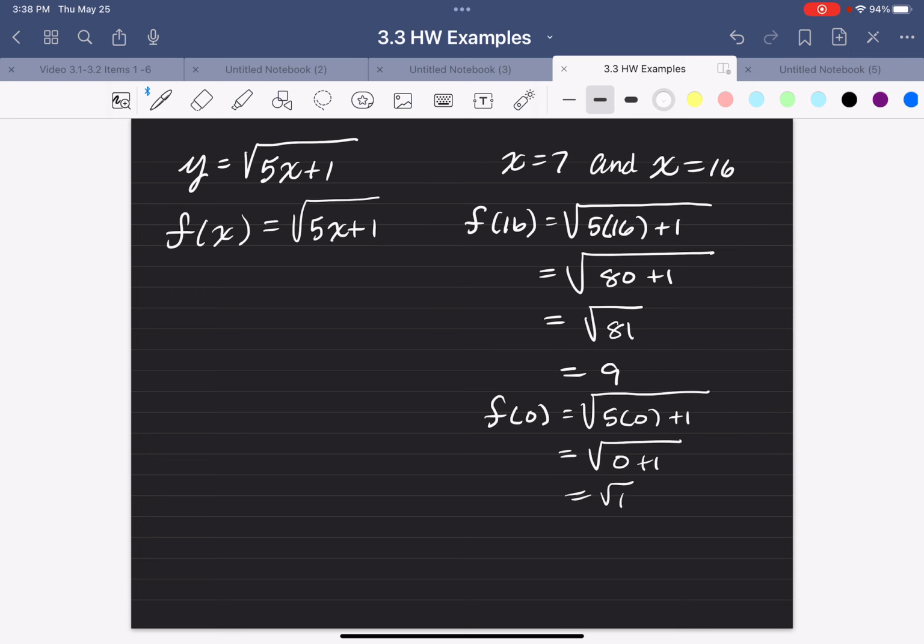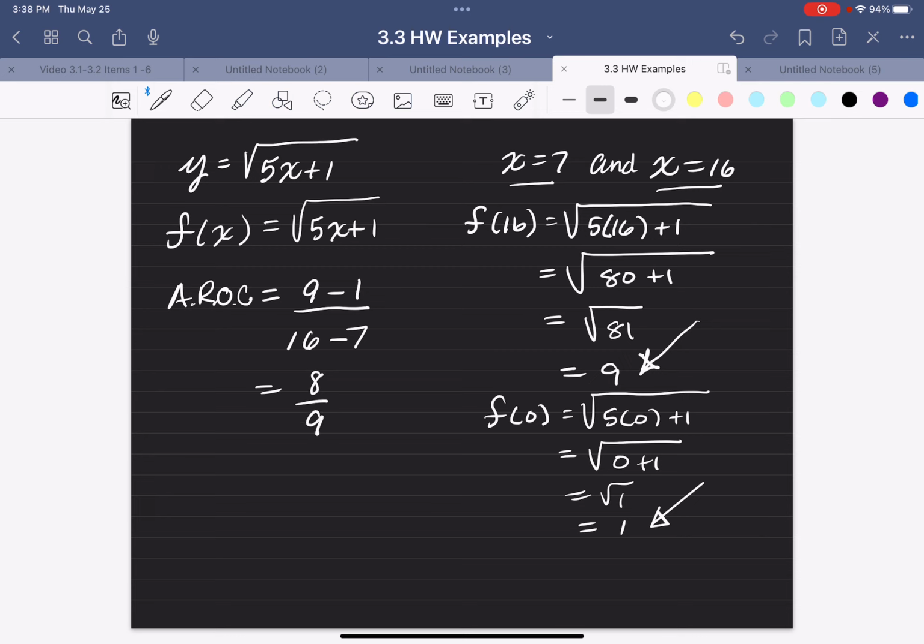The square root of 1 is 1. So my average rate of change is 9 minus 1 over 16 minus 7. That's y number 2 minus y number 1 over x number 2 minus x number 1. So that gives me 8 over 9, and that's my average rate of change. And that's number 3.